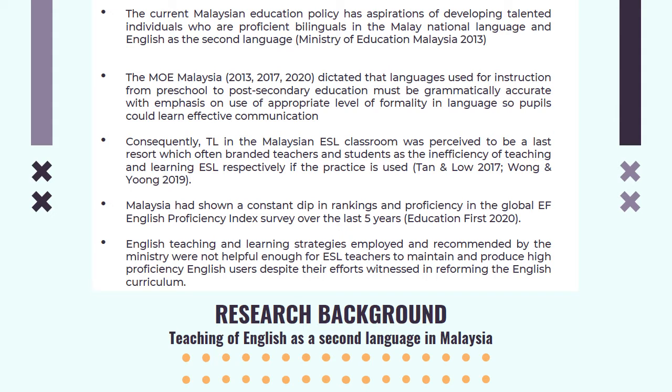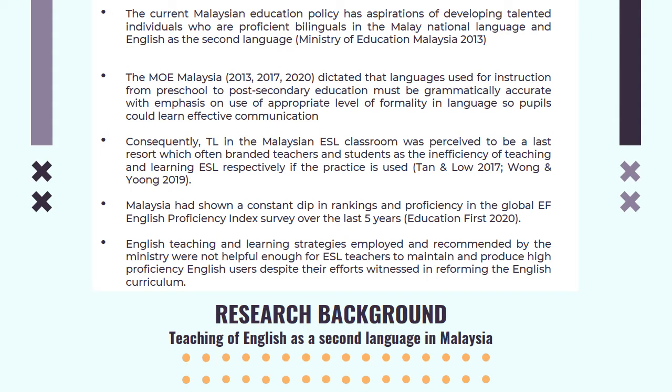Consequently, TL in a Malaysian ESL classroom was perceived to be a last resort, which often branded teachers and students as the inefficiency of teaching and learning ESL respectively. Malaysia had shown a constant dip in rankings and proficiency in the global EF English Proficiency Index survey over the last 5 years.